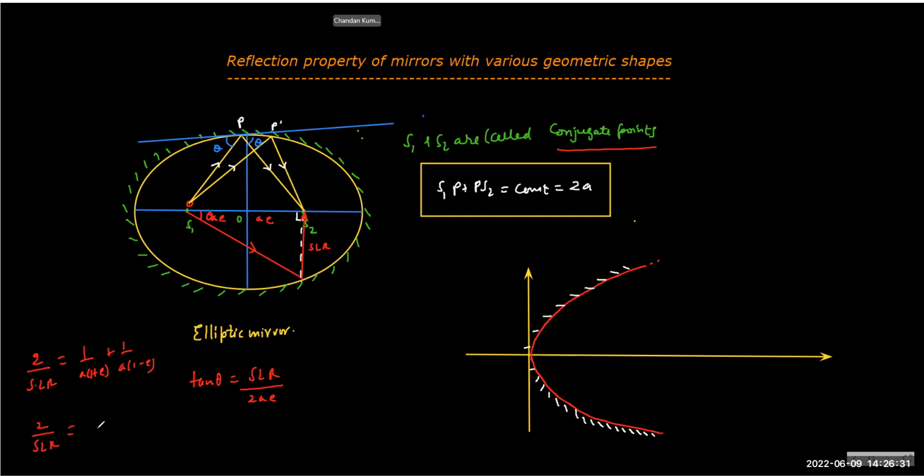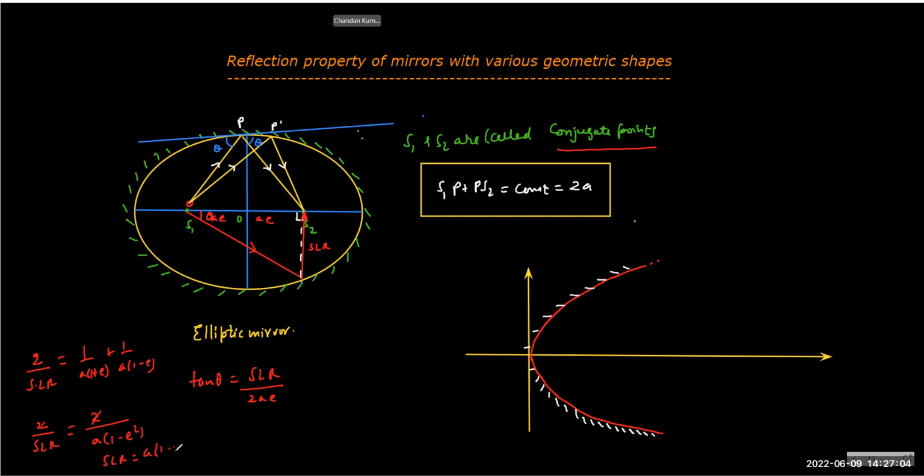A minus AE plus A plus AE, which is 2A upon... so the SLR is how much?